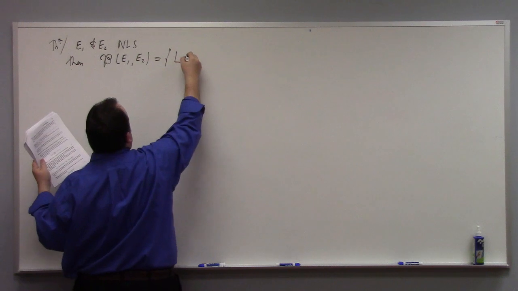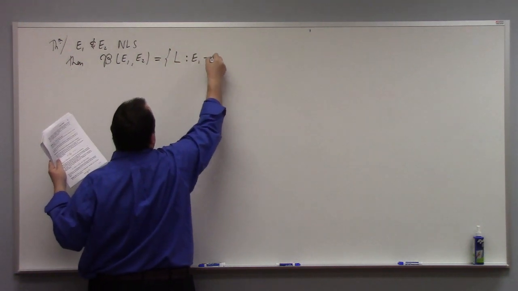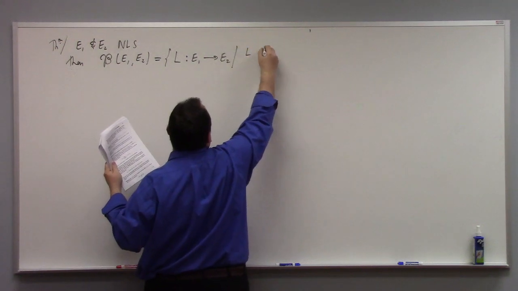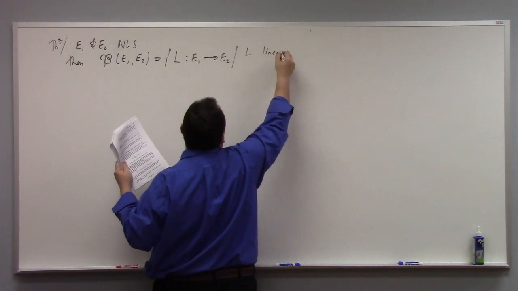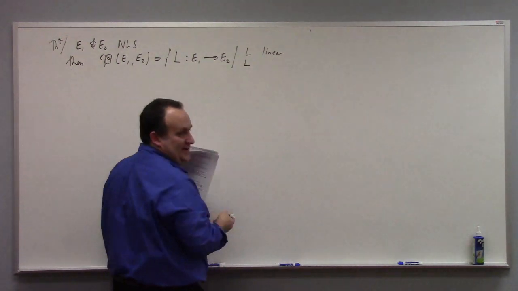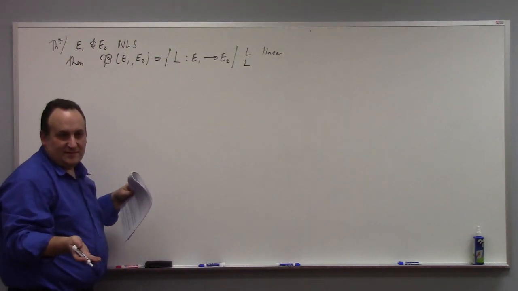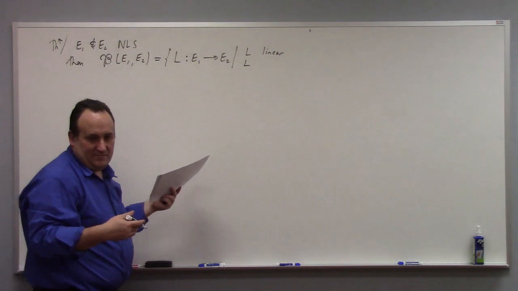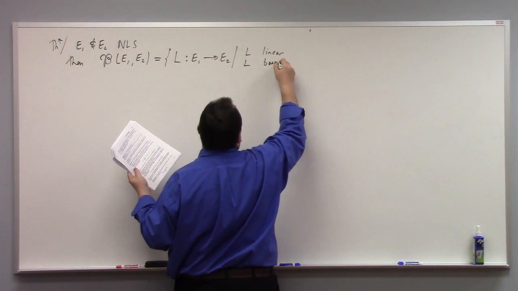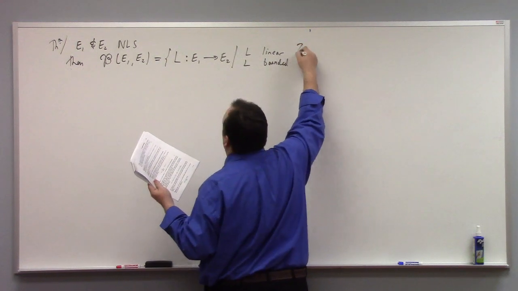That's going to be the set of L from E1 to E2 such that L is linear and L, you've got your choices, you could either say continuous or you could say bounded. I'll say bounded because he's using B, so it feels kind of bounded, right?